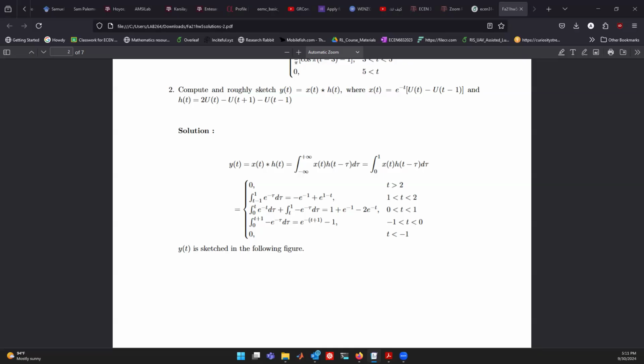And so on. If t is between 0 and 1, we will have overlapping with this part, 0 to t, and then to 1. So it will look like this.